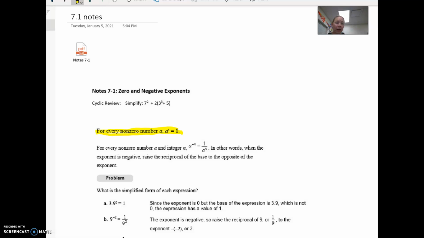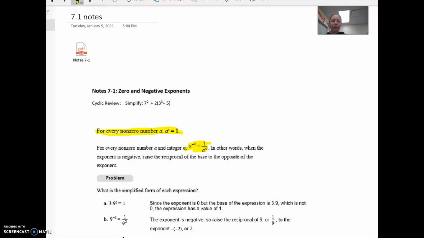The other thing I want to talk about is when you have a negative exponent. This example right here lets us see that when we have a negative exponent, for example, a to the negative n power, we would basically flip it, so take the reciprocal, and when we do that and put it over 1, the negative goes away.